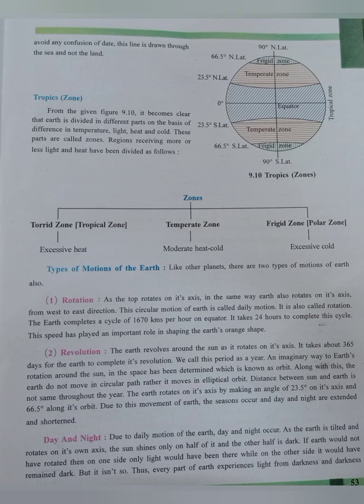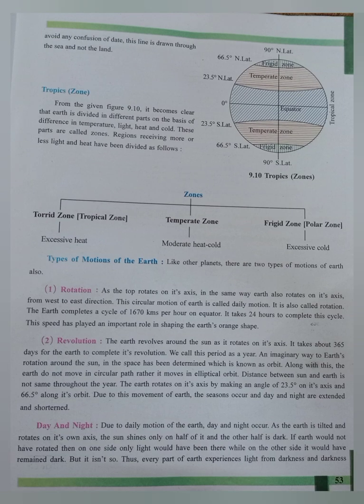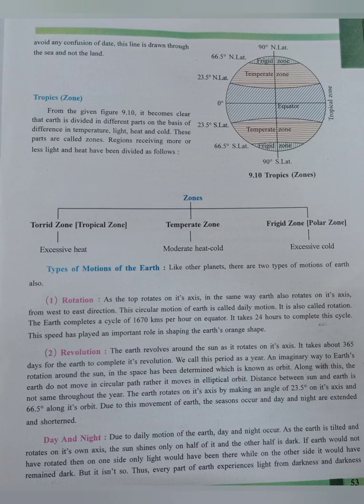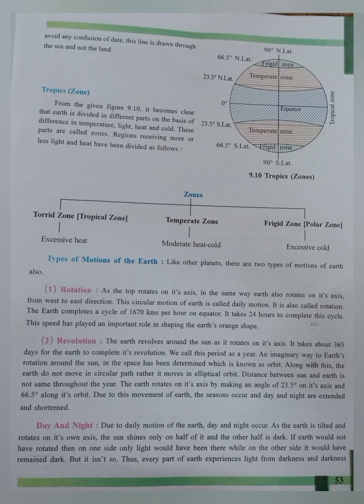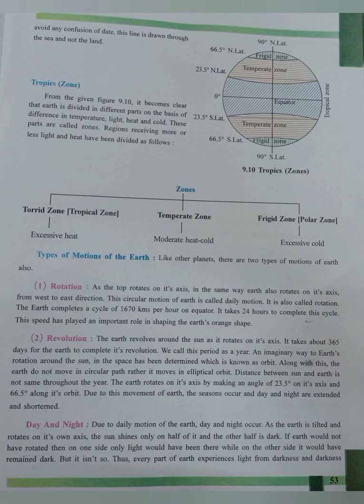Day and night. Due to daily motion of the earth, day and night occur. As the earth is tilted and rotates on its own axis, the sun shines only on half of it and the other half is dark. If earth would not have rotated, then on one side only light would have been there, while on the other side it would have remained dark.